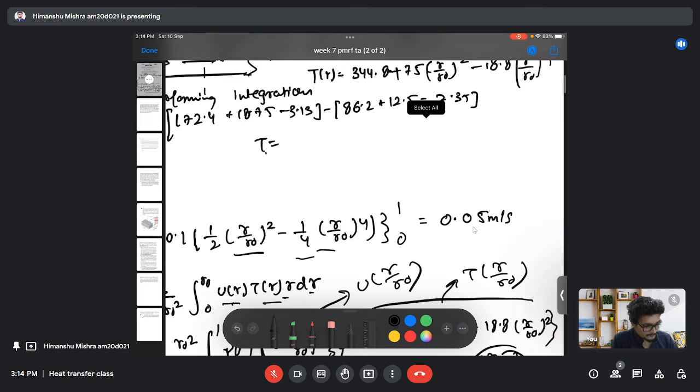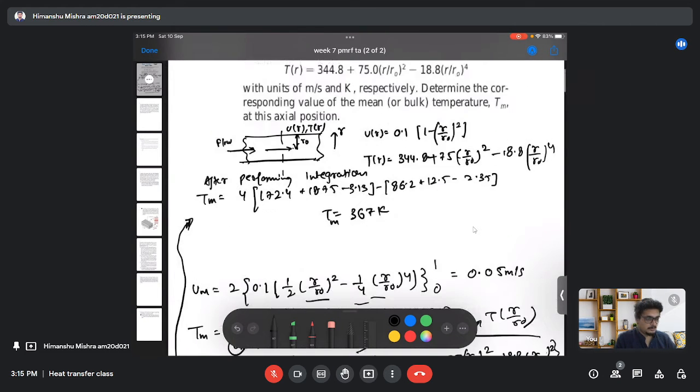From solving this, the mean temperature will be 367 Kelvin.